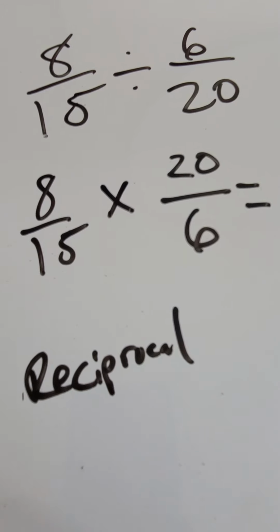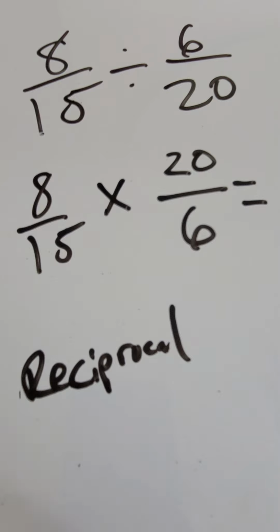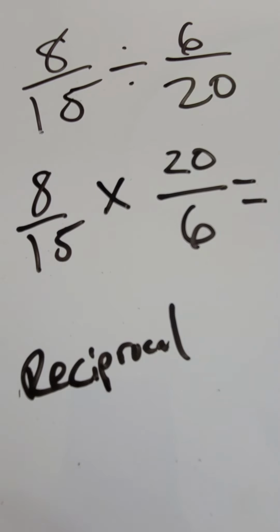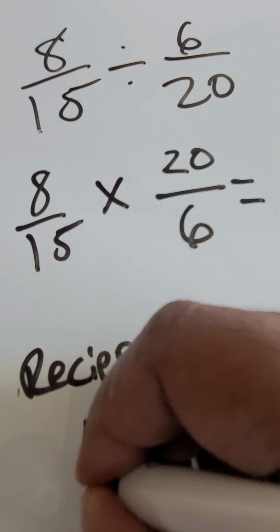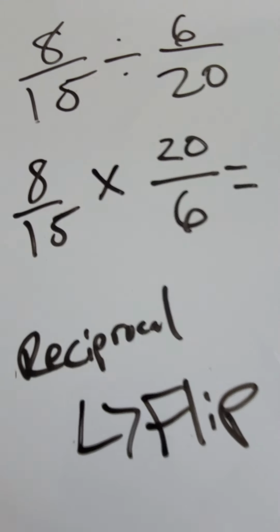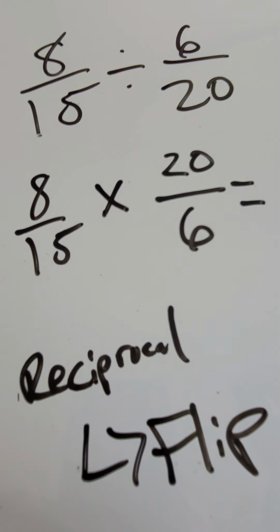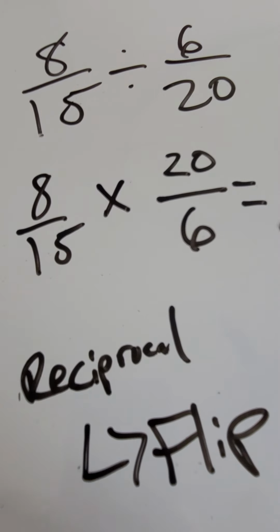If I didn't spell that correctly, please leave it in the comments. Let me know. I'll double check as well. But we're going to get the reciprocal or flip the fraction. Then we can simplify as we see fit. Multiply, numerator, numerator, denominator, denominator, and get our answer.